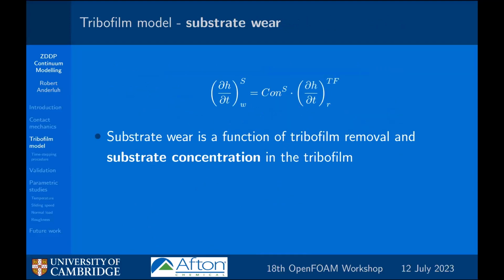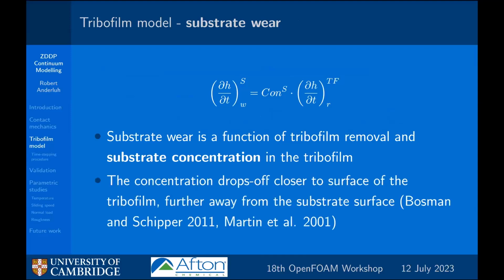After we have the removal of the film elements, which contain a certain percentage of the substrate, we multiply it by the assumed percentage distribution per thickness, and thus we calculate the wear of the steel. That concentration drops off close to the surface of the tube, which makes sense, as it's 1 or 100% at the steel, and less toward the surface.